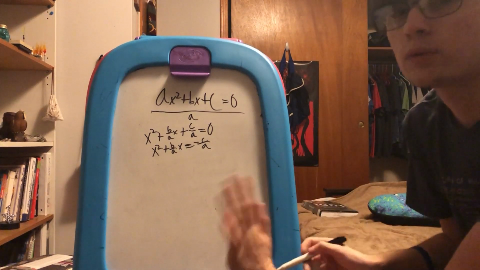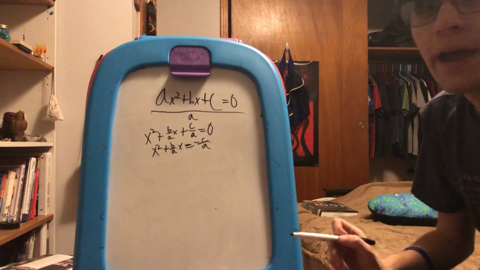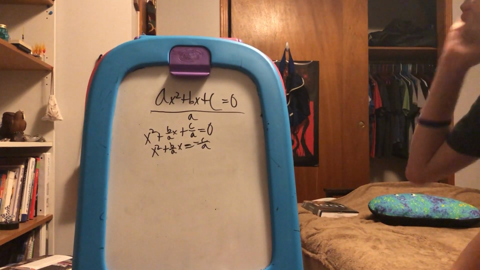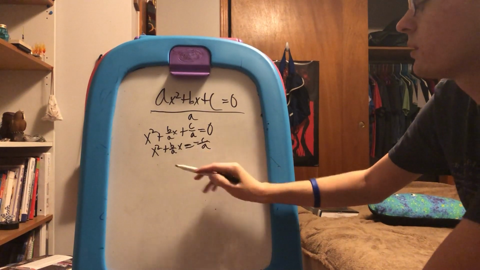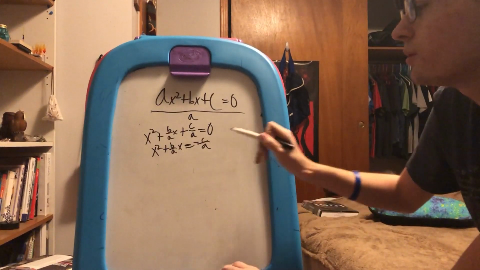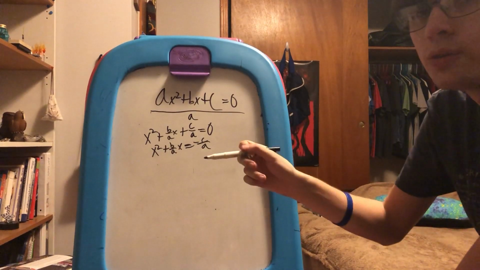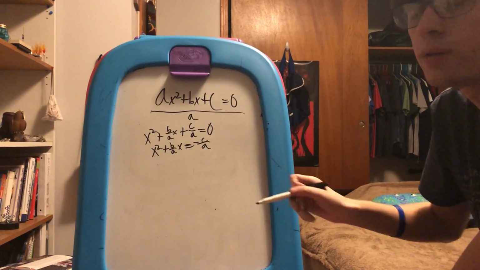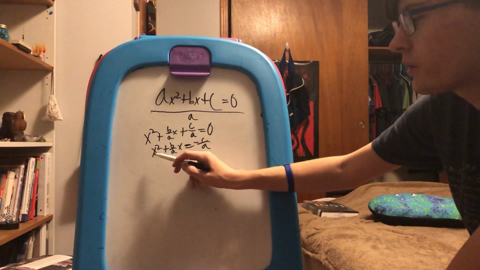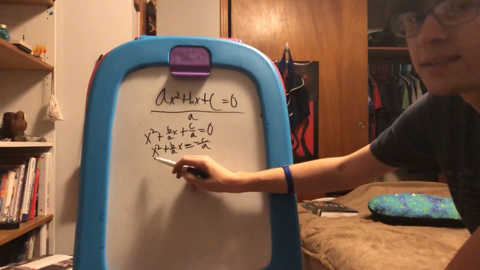Now we want to get that third term. How do we find it? Well, we know that the middle term is going to be 2ab, or 2 times the first term in the binomial and times the second term in the binomial. And we know we want our first term in the binomial to be x.